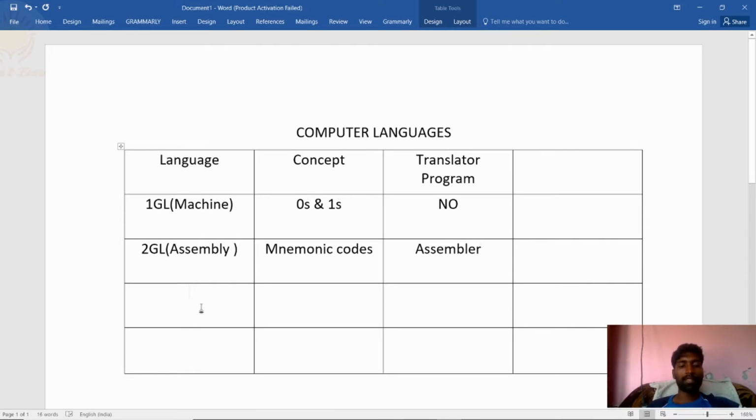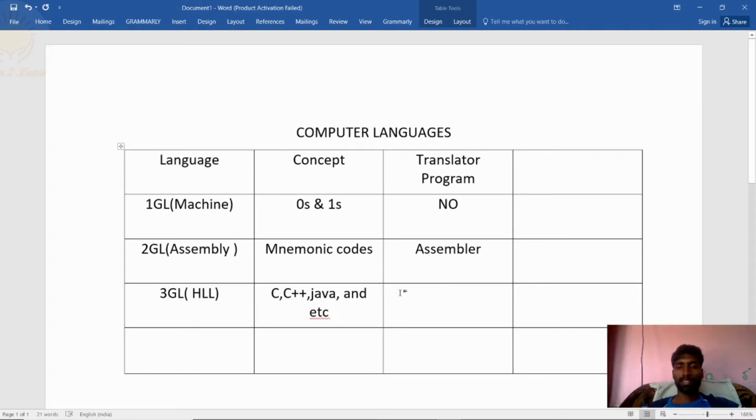And coming to the third GL, 3GL means third generation language. We can say it is a high level language also. And the concept is what? There are many languages like C, C++, Java, Python, Ruby.